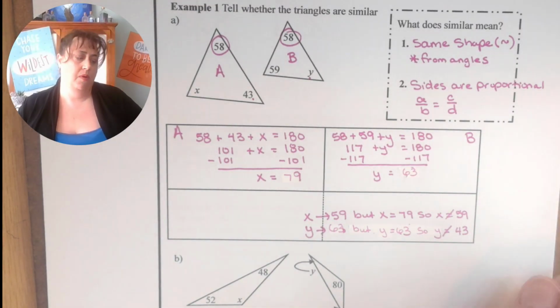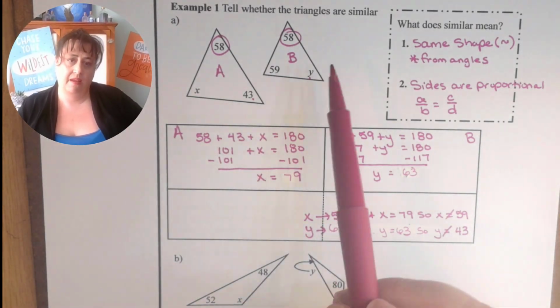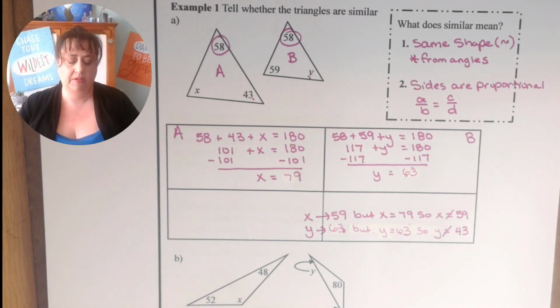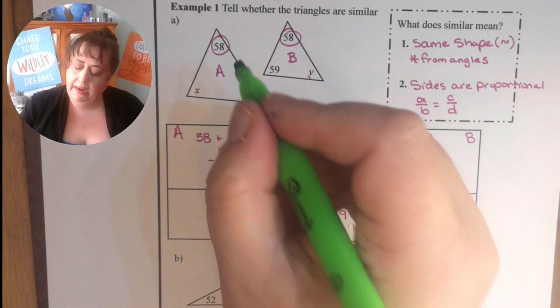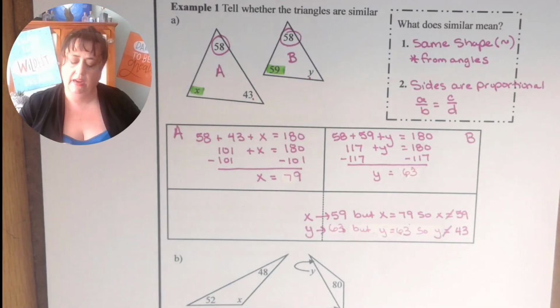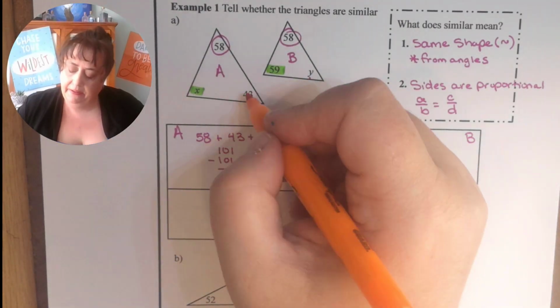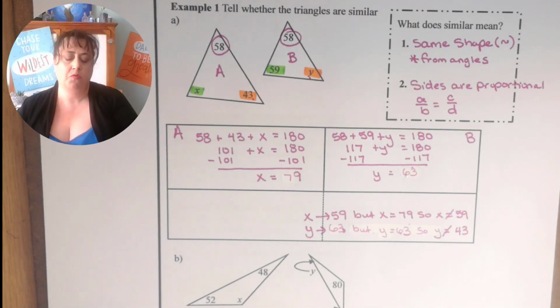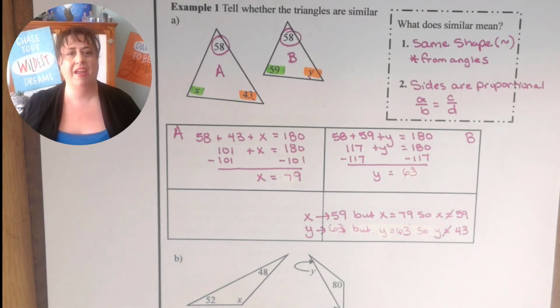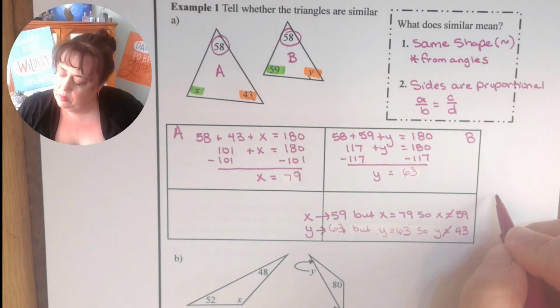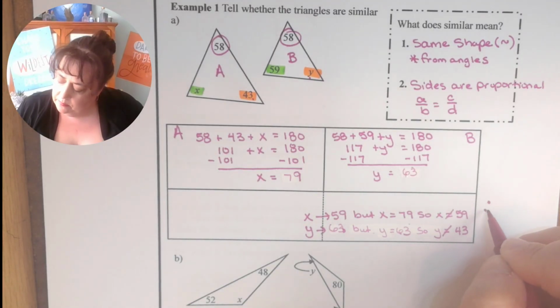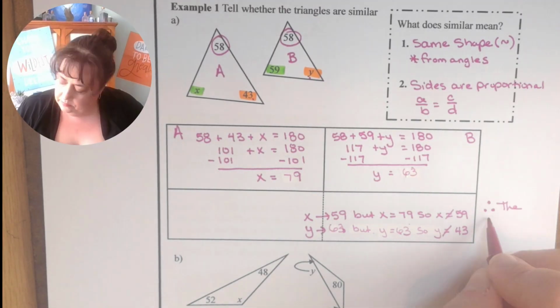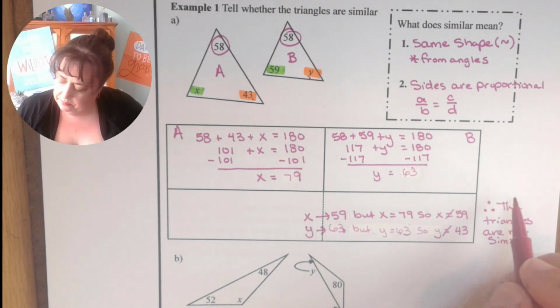So this is all one great big mess. They can't equal what we wanted them to be. Remember, we wanted X to be 59, and we wanted Y to be 43. The 58 was okay, but those others didn't go to what we wanted them to be. So these triangles are not similar. Remember those three little dots mean therefore, the triangles are not similar.